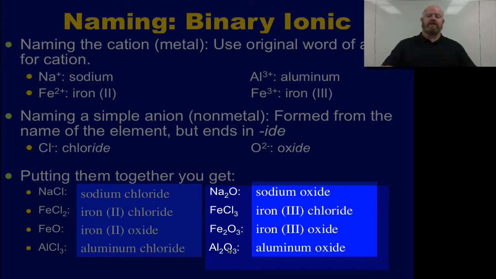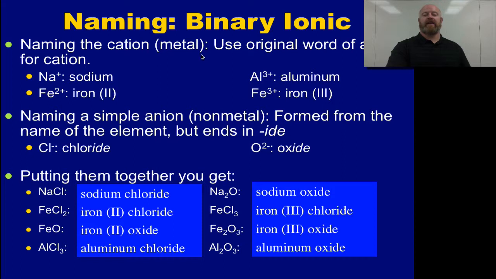As you go through the process of naming these, the biggest thing to think of first of all is, do I have an ionic compound? Well, it starts with a metal, so yes you do. Name it by the rules for ionic compounds. Second thing you ask yourself is, does my metal have more than one possible charge? Most metals do. So all the transition metals and all the metals under the stair-step line do.